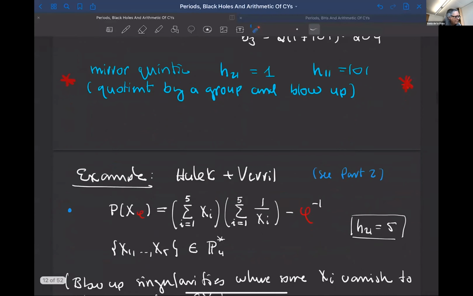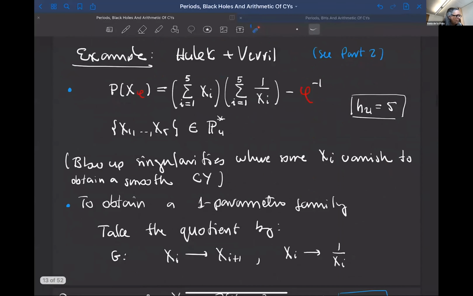And the other example, which will take more of a role in the next talk, is an example that was constructed by Hulek and Verrill. The proper description of this manifold is actually given in terms of hypersurfaces in toric varieties.